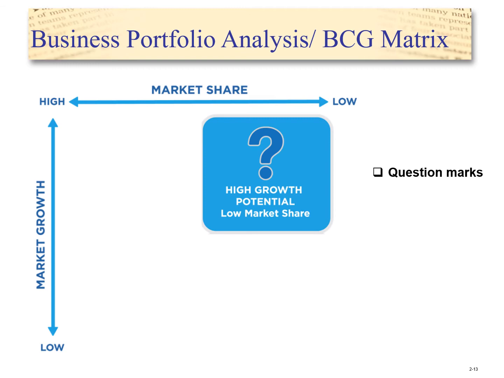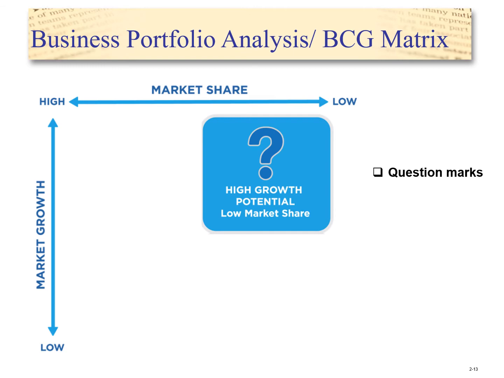That quadrant is called question mark. All those SBUs of your organization that fit in low market share and high market growth are called question marks.